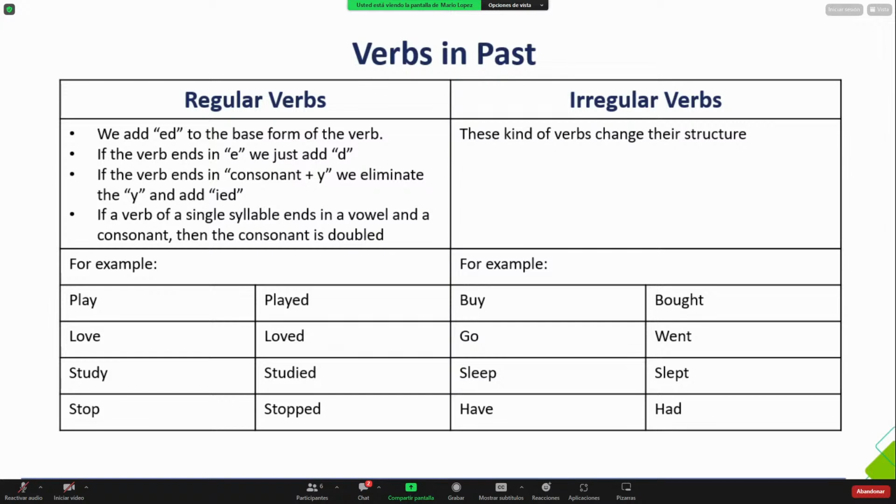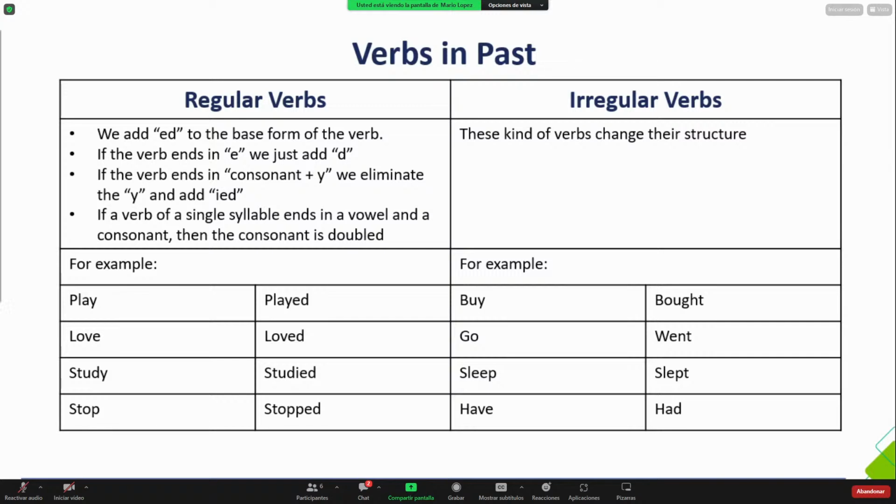The third rule is the following. If the verb ends in consonant plus y, we eliminate the y and add ied. For example, study.